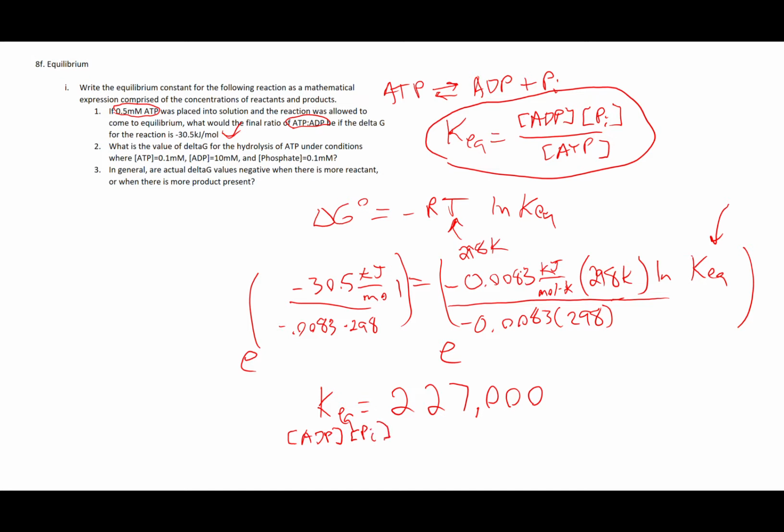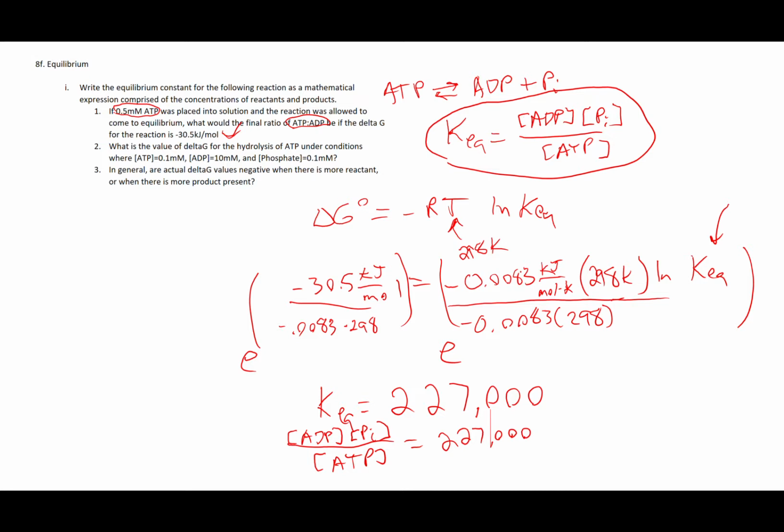So our ADP and phosphate concentrations go on top, and our ATP concentration goes on the bottom, and this is equal then to 227,000. All right. Now, I gave you guys information about how much ATP we started out with, right? Implying that some of that ATP is going to get converted to ADP and phosphate until it comes to equilibrium.